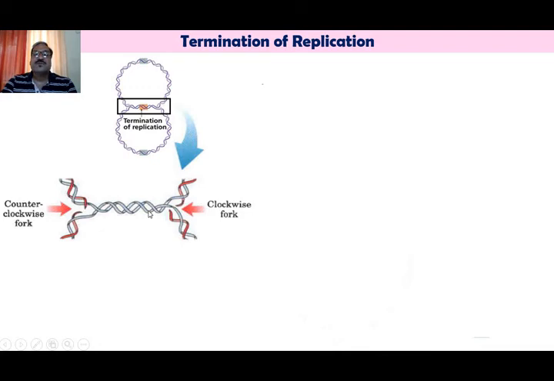The TER sequence functions as a binding site for the protein TUS, that is terminus utilization substance. The TER-TUS complex can arrest a replication fork from only one direction, so that when either replication fork encounters a functional TUS-TER complex, it halts and the other fork also halts, and thus the replication of DNA gets completed.